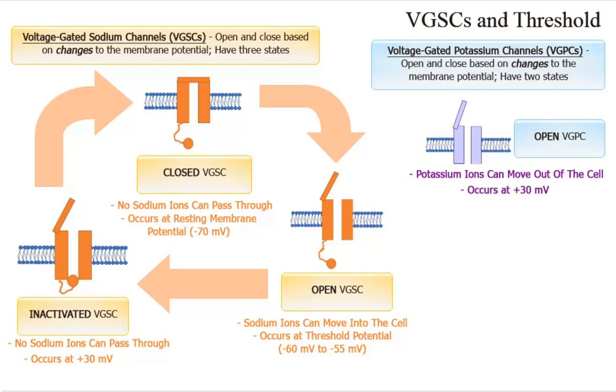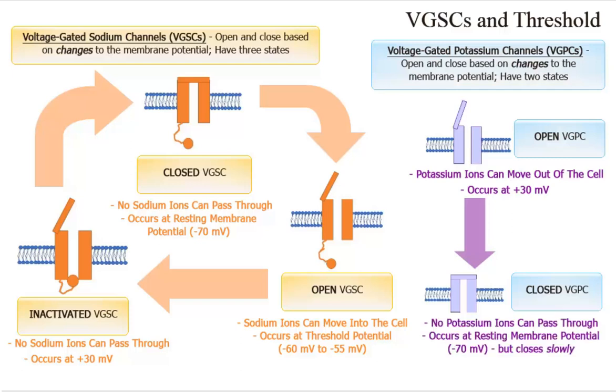That's what is required for it to open. And then it goes straight from open to closed, and it closes at around resting membrane potential, so at around minus 70 millivolts, but it closes kind of slow. And again, that'll become important when we take a look at the action potential. And so this channel goes straight from closed to open and then open to closed, so it only has two states.